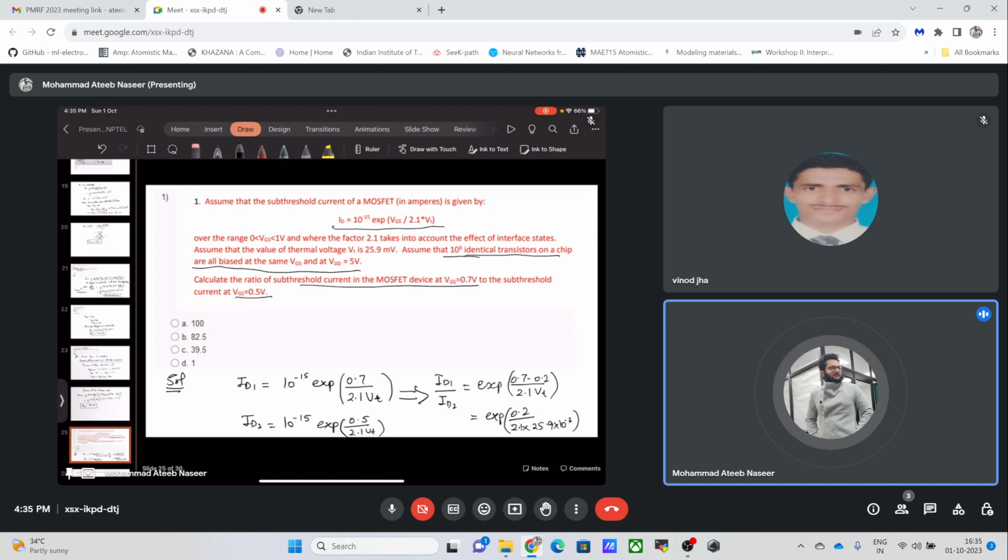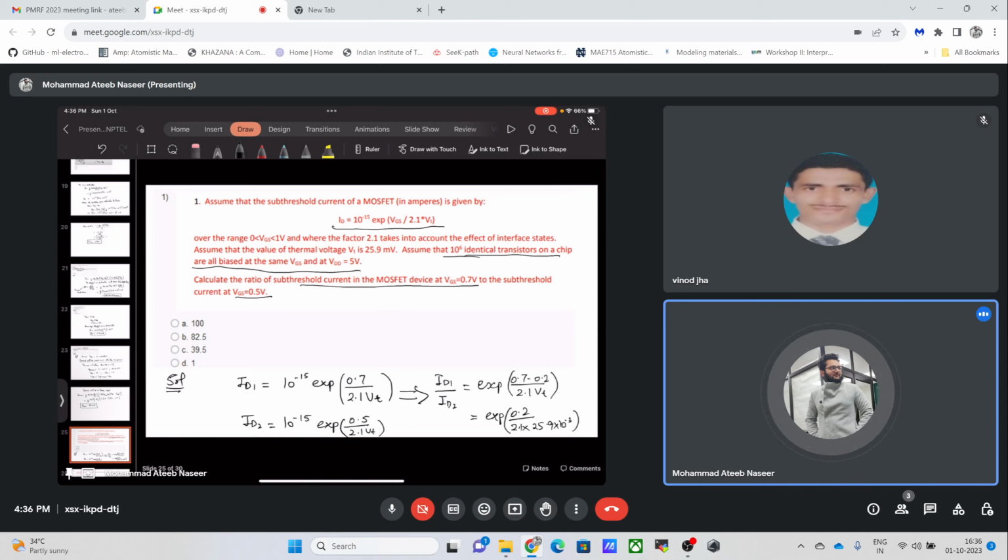It is 0.2 divided by 2.1 divided by 25.9, into 10 to the power of 3, which gives exponential of 3.677.